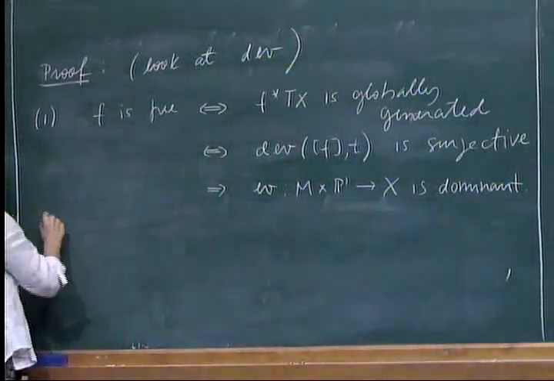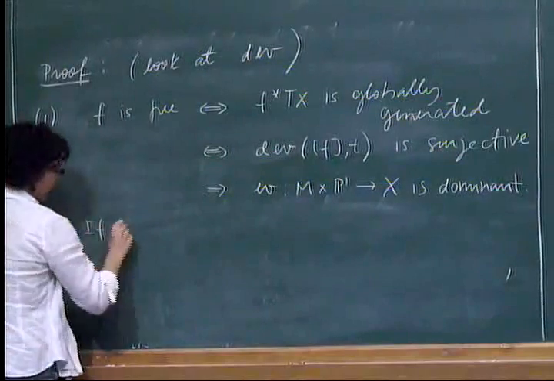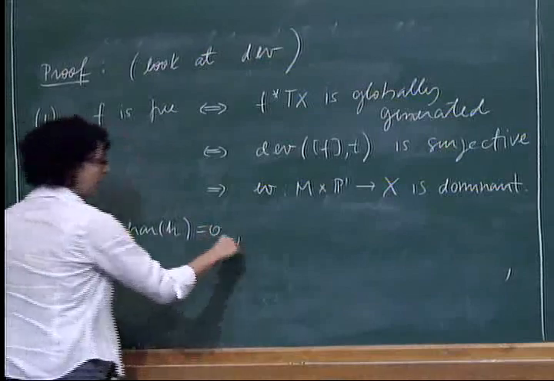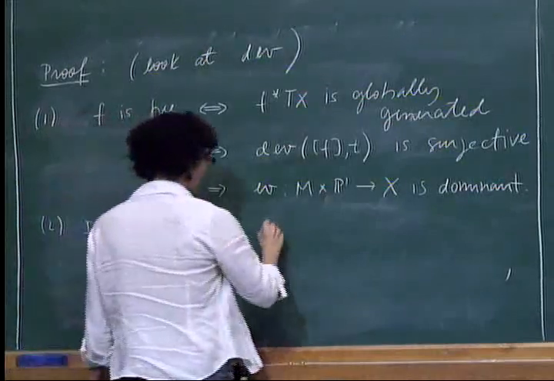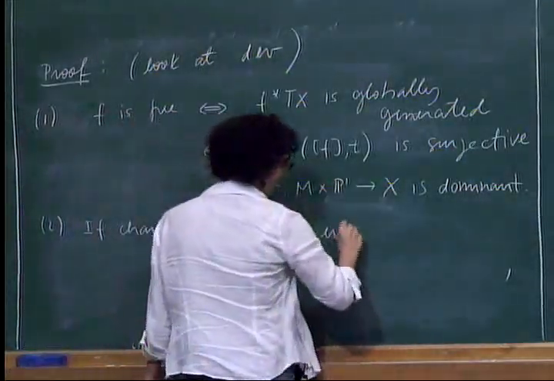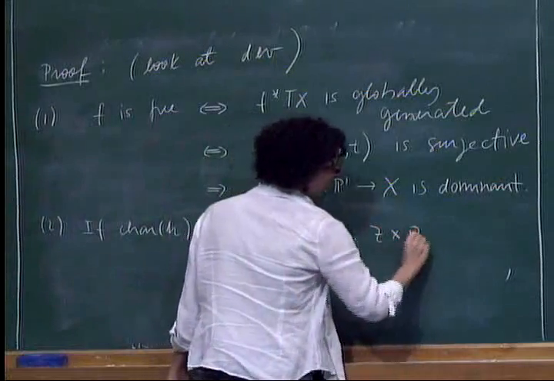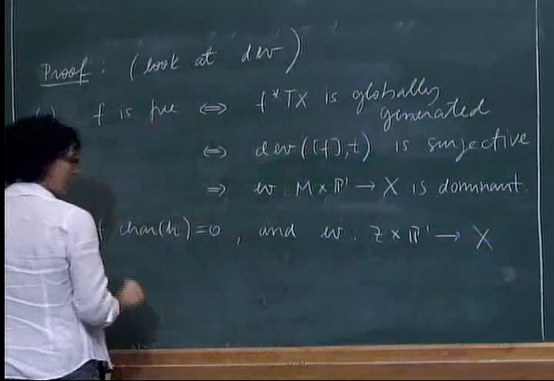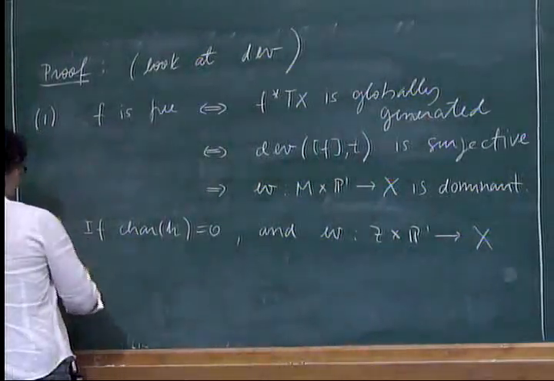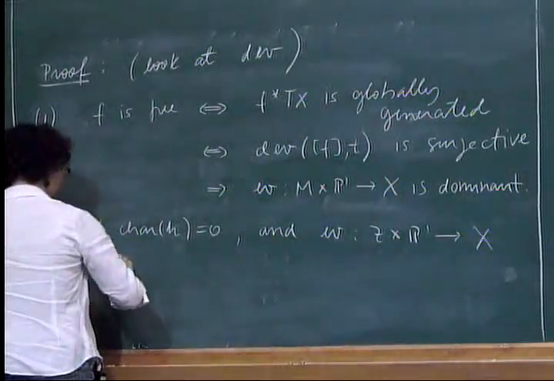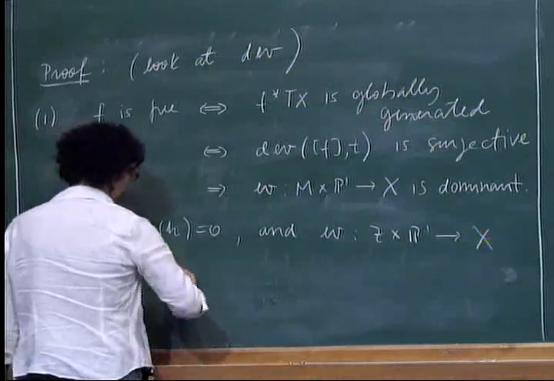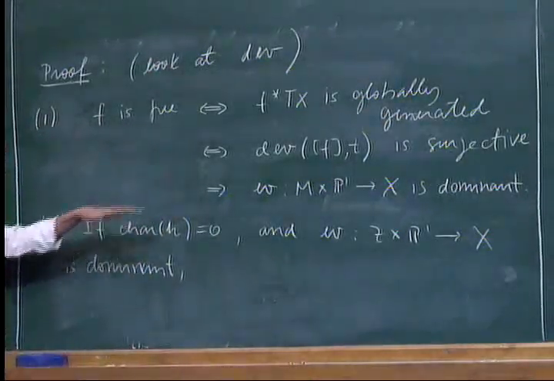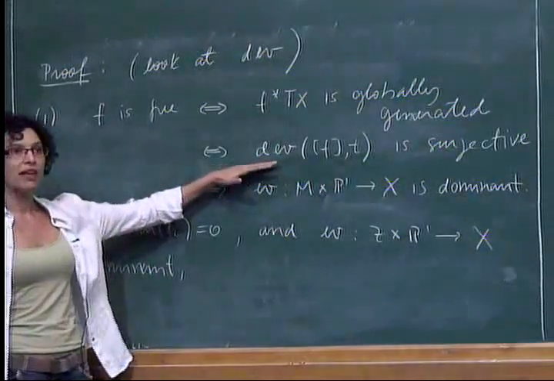Now conversely, if the characteristic of the base field is 0, and we have f from Z × P1 to X dominant, then by generic smoothness, the derivative will be surjective at the general point.